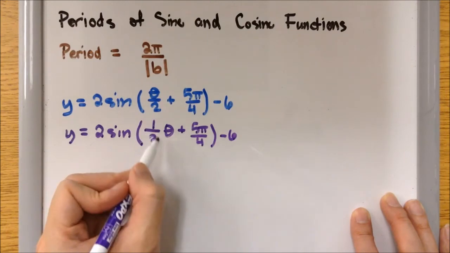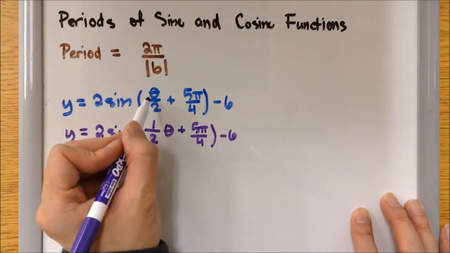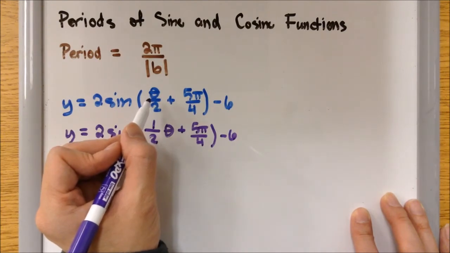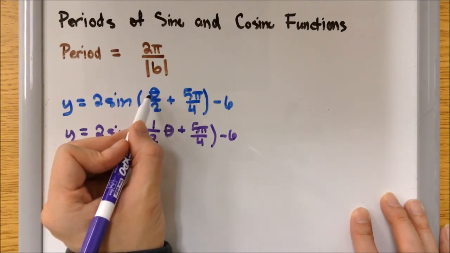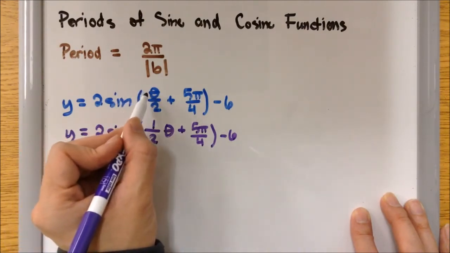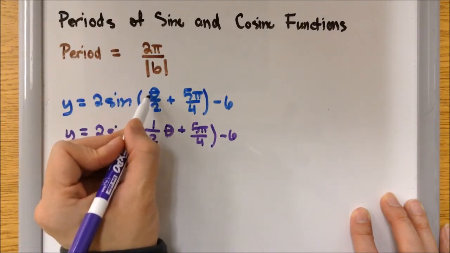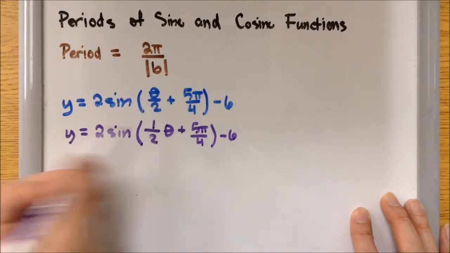The reason I wrote 1 as a numerator was because it was just only angle theta. Had it been such as 5 angle theta, then my numerator would have been 5. Had it been 7 angle theta, my numerator would have been 7. Here we only have 1 angle theta, so my numerator is 1.